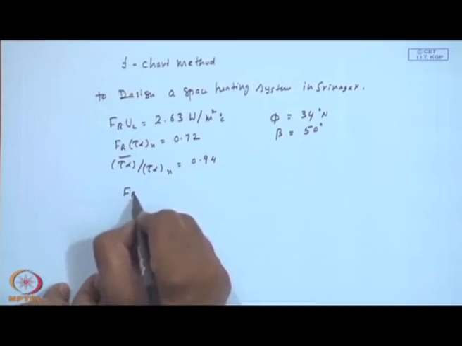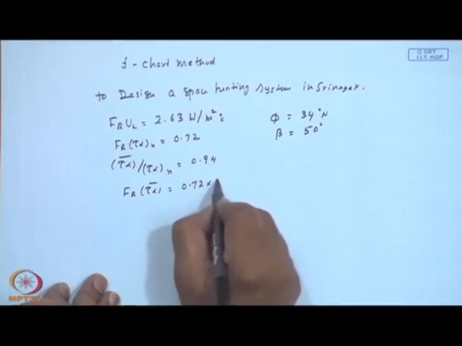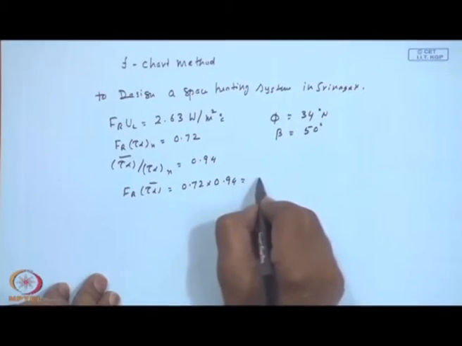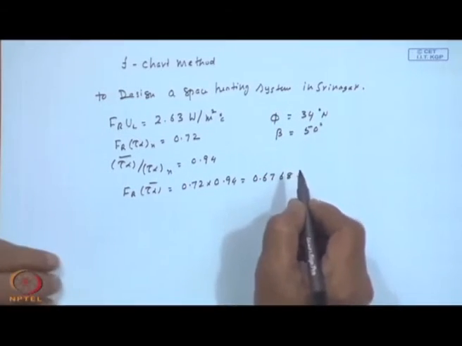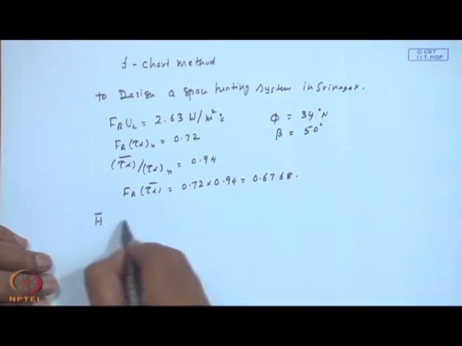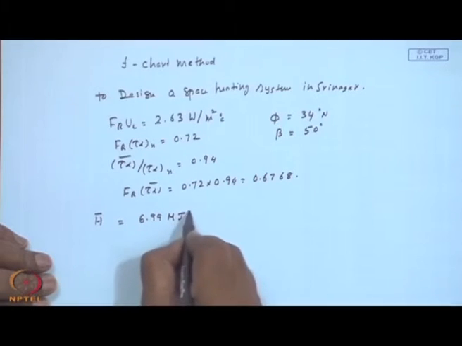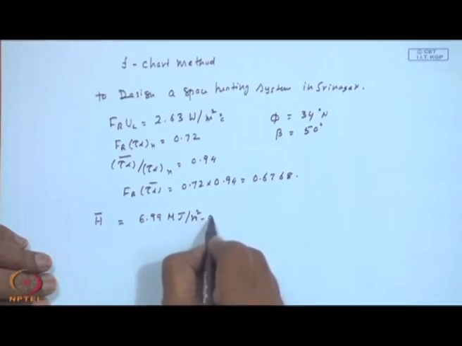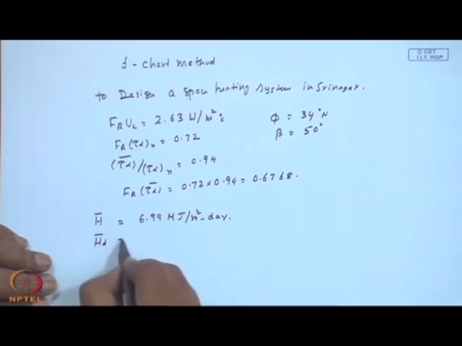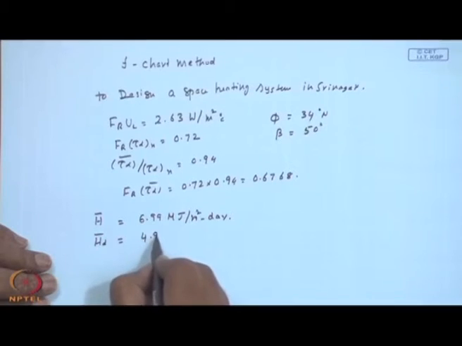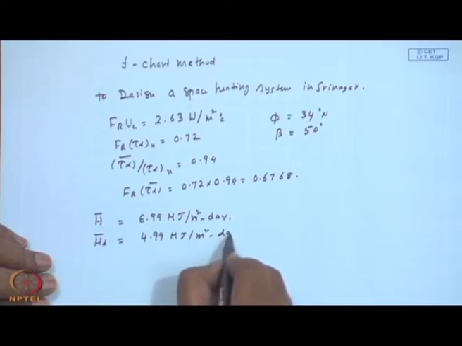So, F for tau alpha bar will be 0.72 into 0.94, equal to 0.6768. H bar from the data file is 6.99 megajoules per meter square day, and fortunately H d bar also is available in the data file, 4.99 megajoules per meter squared day.